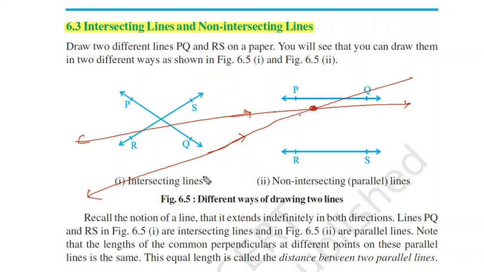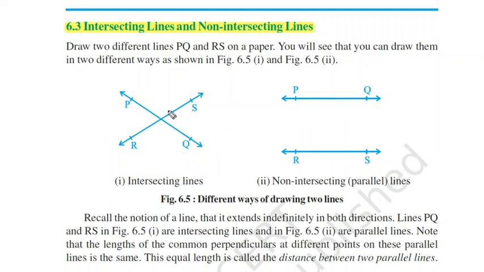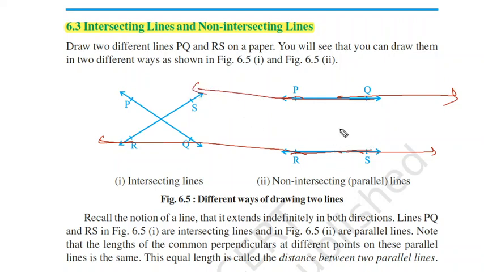Well, if you draw lines like this, PQ and RS, and you extend RS to both sides up to infinity, and PQ up to infinity, and still they do not intersect, we call them non-intersecting or parallel.